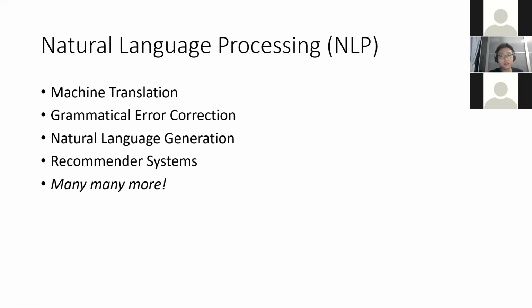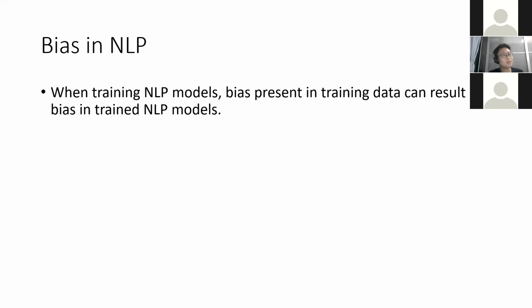So the unfortunate thing about NLP is that when we are training NLP models, there can be bias present in the training data that can result in bias in the trained NLP models. When you talk about training data, we might be scraping it from the internet.